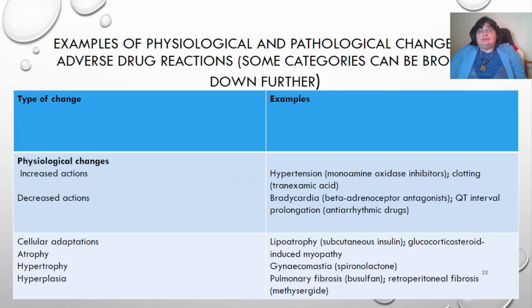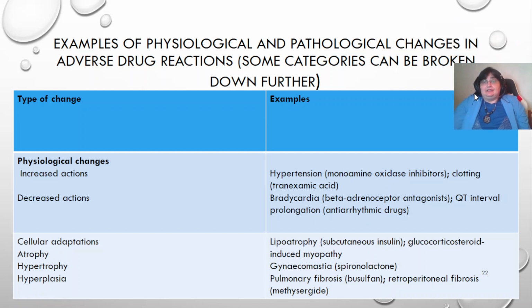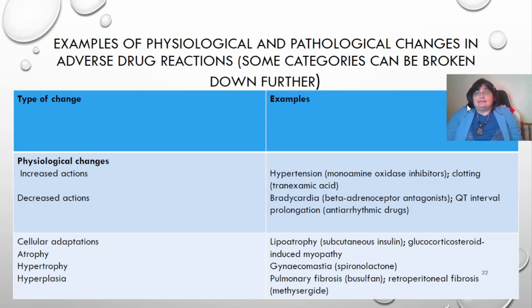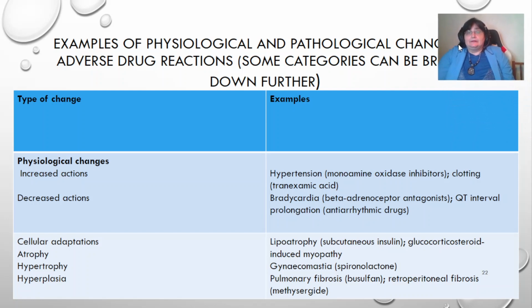Examples of physiological and pathological changes in adverse drug reactions: some categories can be broken down further. We will now consider the type of change, and discuss examples too.